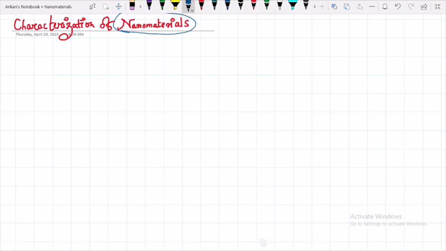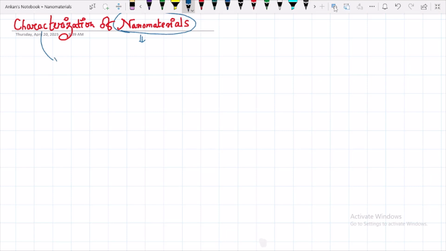Nanomaterials are the key components in the advancement of modern technology, covering a wide range of scientific fields. These include environmental remediation, energy generation, storage devices, spintronics, and bioscience applications. So, for these reasons, nanomaterials are very crucial nowadays.